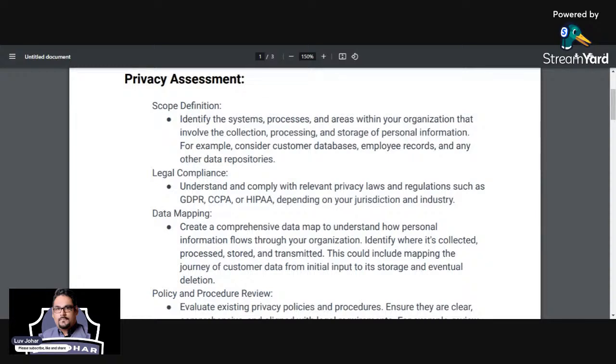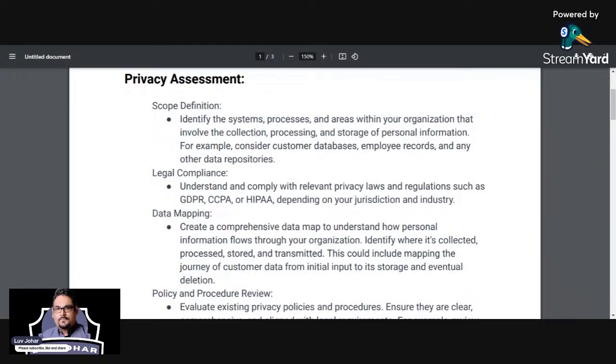So you have to understand what all collection is happening, how the data is being processed and stored. Where are you storing? Are you storing in house? Are you storing in the cloud? Where are you storing this information? Okay, you have to understand all this and then define the scope.